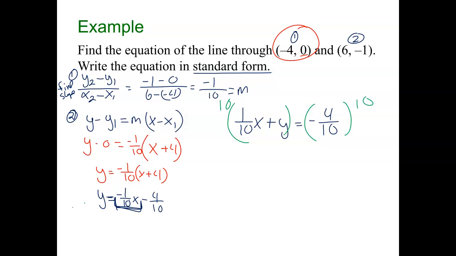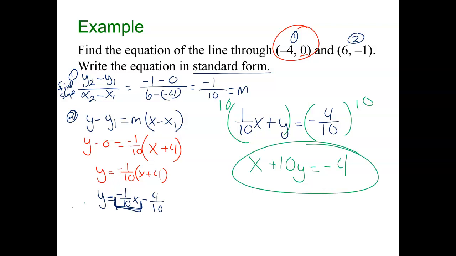So what's 10 times 1/10? 10 over 10, which is 1. So I get 1x. 10 times y, 10y. What's 10 times 4/10? Negative 4. There's my standard form: x and y together, constant on the other side, and no fractions. Multiply by your least common denominator, get rid of your fractions, and then we're good to go.